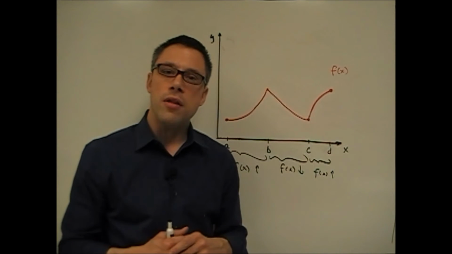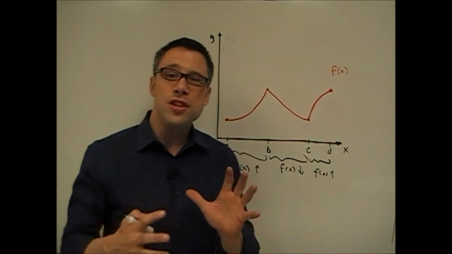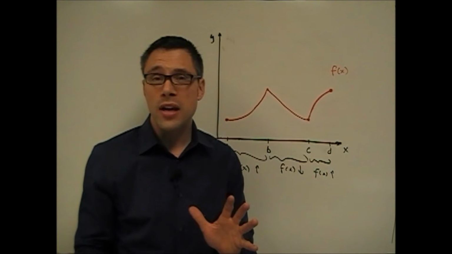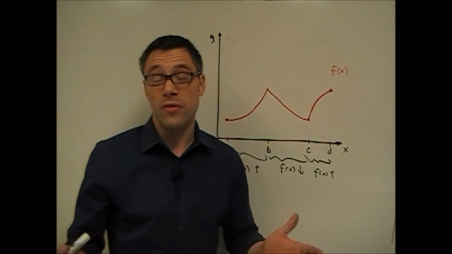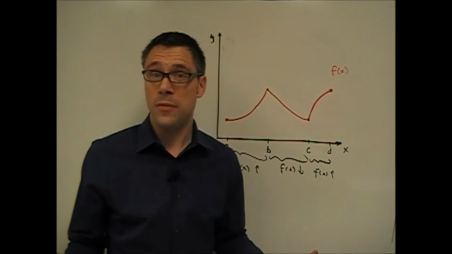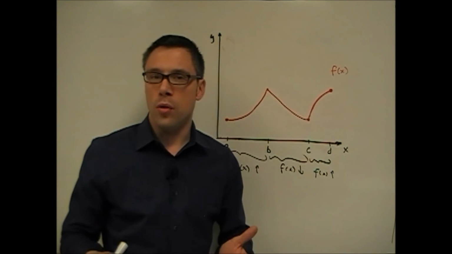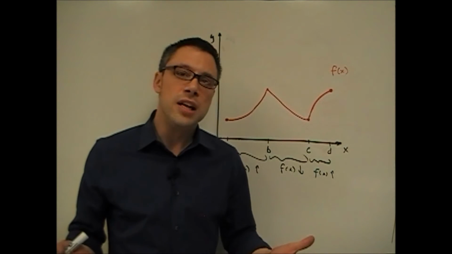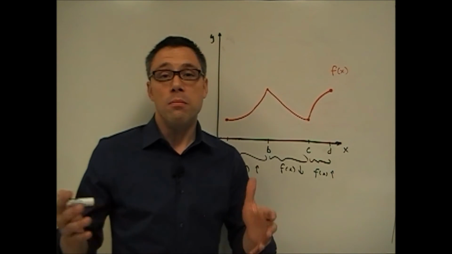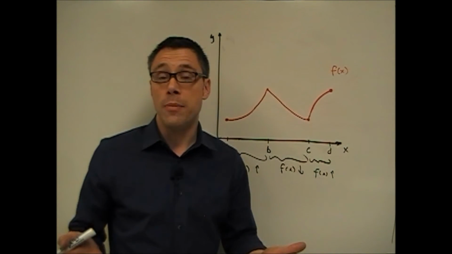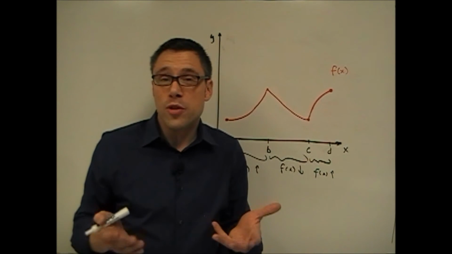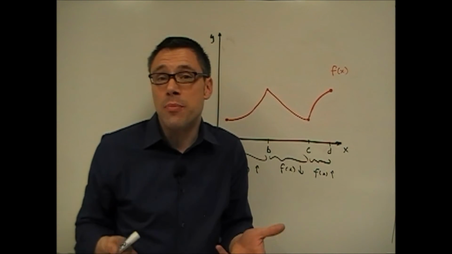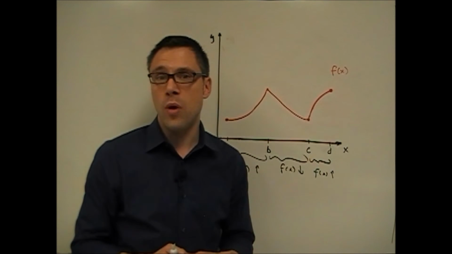So it turns out that a function can transition from going up to going down even at places where the derivative doesn't exist as well. Okay? These are also important points in the life of a function. Okay? In particular, these will also help us determine the intervals of where the function is going up and going down. Okay? So in other words, we say the function is also doing something critical at these places as well.